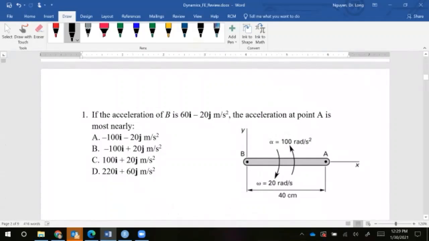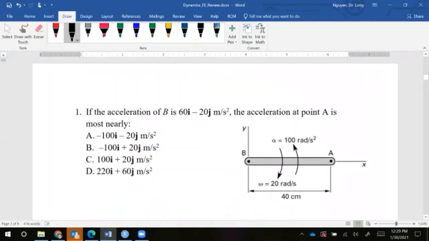For this one, you have a body, a rigid body, and they are not talking about the forces, just the geometry of the motion. So this is a kinematics problem. The question is, if the acceleration of B is 60i minus 20j meters per second squared, the acceleration at point A is most nearly what?